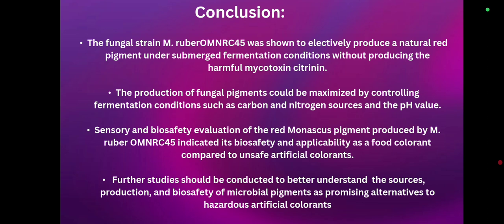Then they performed the sensory and biosafety evaluation of the red monascus pigment produced by M. ruber, which indicated its biosafety and applicability as a food colorant compared to unsafe artificial colorants. It also tells you what further studies should be conducted to better understand the sources, production, and biosafety of microbial pigments as promising alternatives to hazardous artificial colorants.